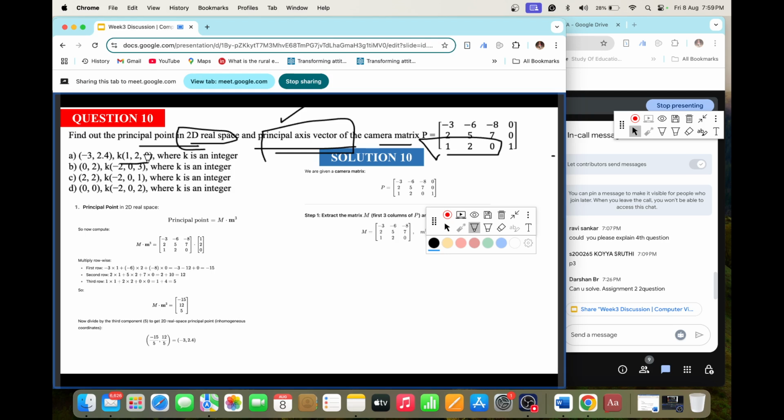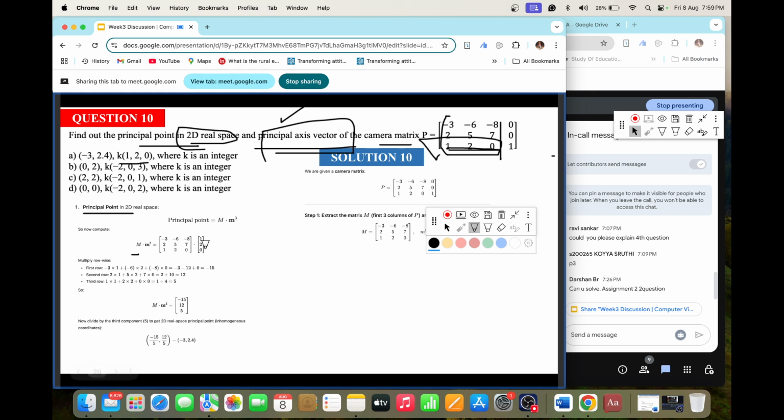Now what about the principal point? Principal point is nothing but, what you have to do for the principal point is this: m dot m3. Okay, so m dot m3. What is m? This is the m matrix. And what is m3? This is m3, or the third row of the m matrix.